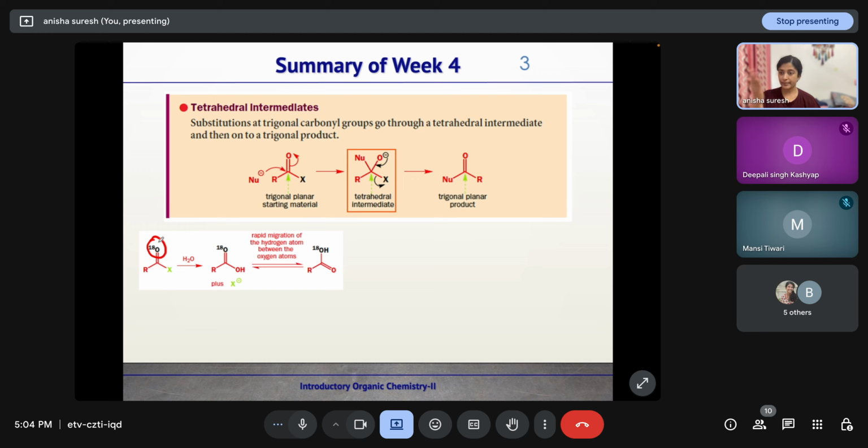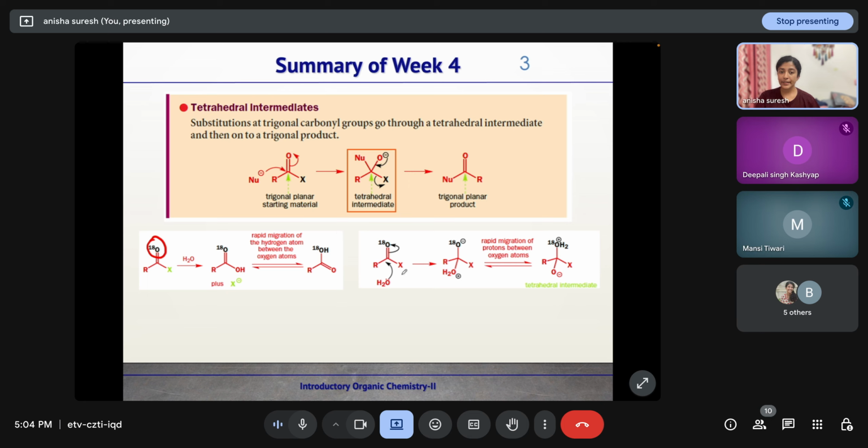While that breaks down, X will leave, leading to formation of the carboxylic acid. In the presence of a base, this can undergo resonance, and the oxygen can scramble between the two carbonyl groups, with rapid migration of the hydrogen atom between the two oxygen atoms.